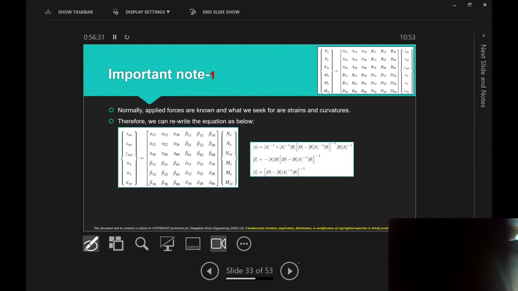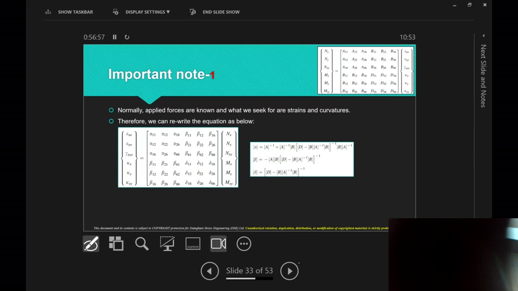If the strains are given, you can find the forces using the above relationship, as long as you've got the ABD matrix. On the other hand, if the forces are given and you want to find the strains, which is mostly the case, normally you've got your structure, some loading is being applied to it, and you want to find the strains.